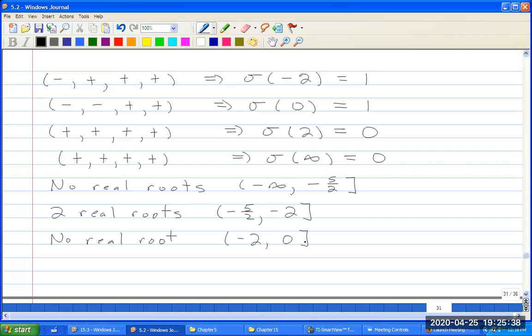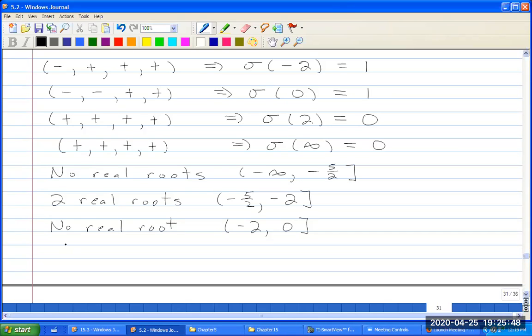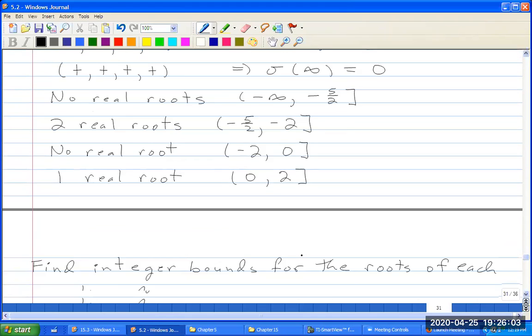So I'm splitting up the line into a whole bunch of pieces, and in each of those pieces, how many real roots there are. There is one real root between 0 and 2, and no real roots greater than 2.